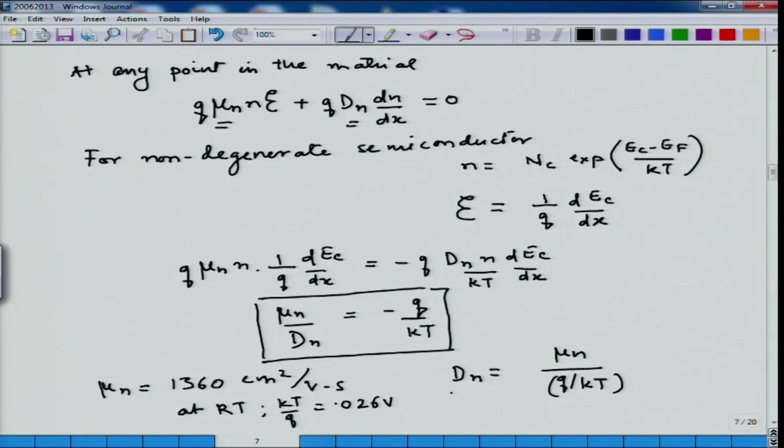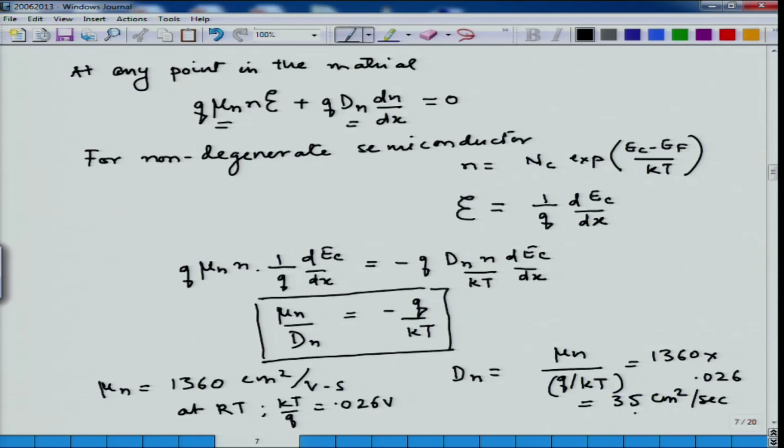So, this gives me the diffusion coefficient will be 1360 centimeter square per volt second multiplied by 0.026 volts, and this comes out to be equal to 35 centimeter square per second.